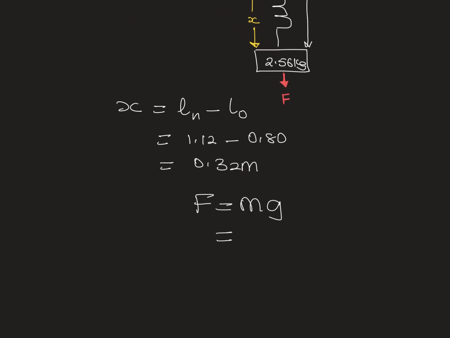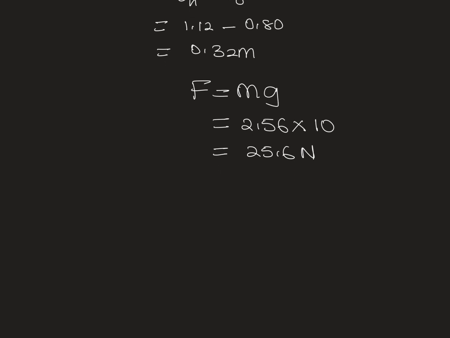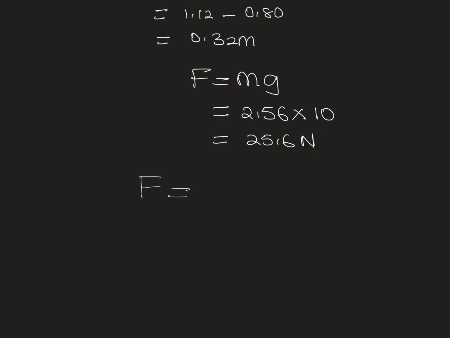The mass attached is 2.56 multiplied by the acceleration due to gravity, 10. So we're going to have 25.6 newtons. We know that F is equal to Kx, that is, the applied force is equal to the spring constant multiplied by the extension. If we want to find the spring constant, we divide both sides by x.